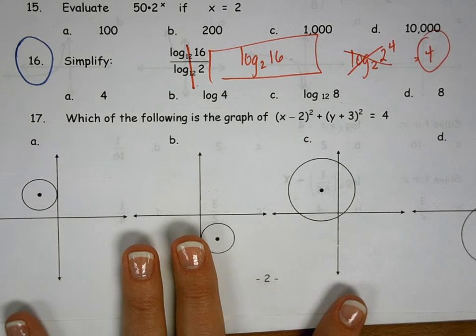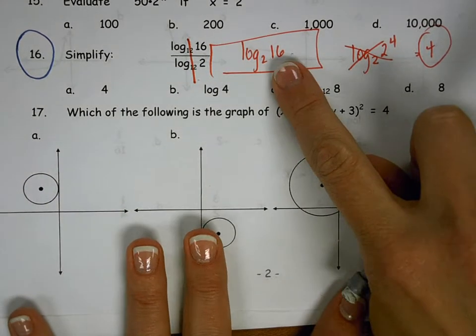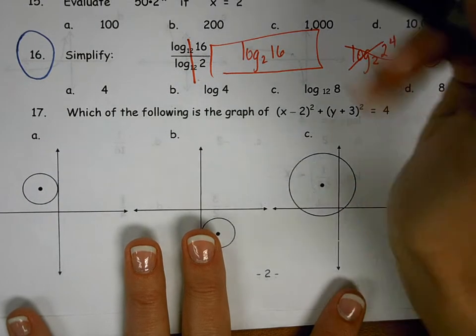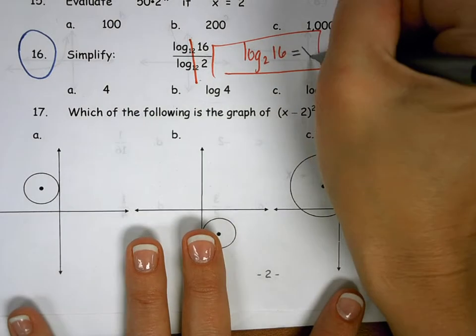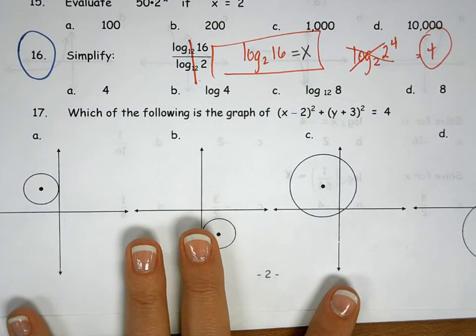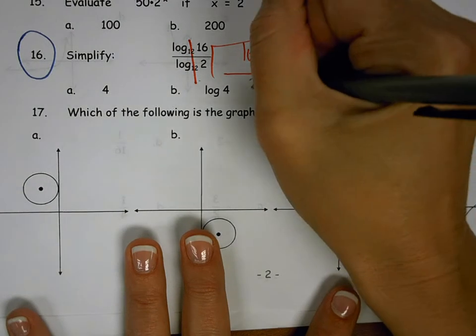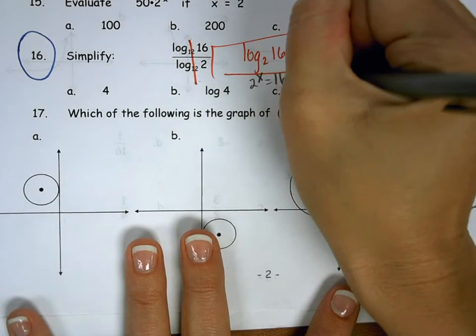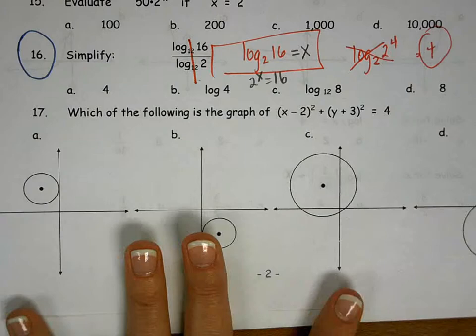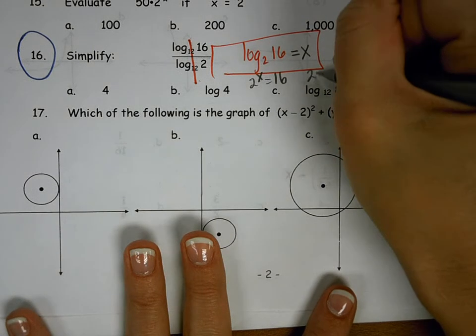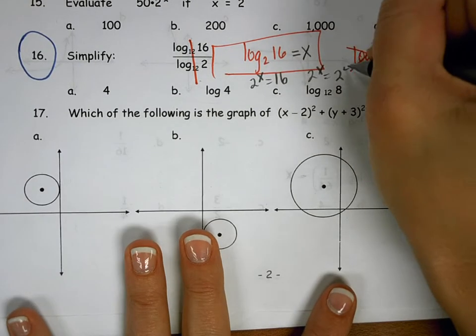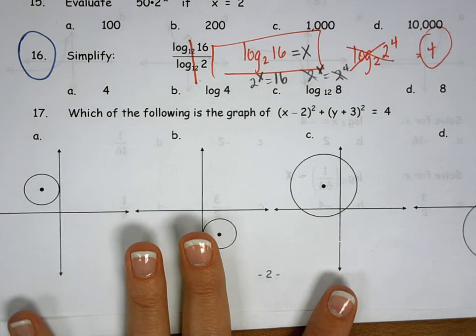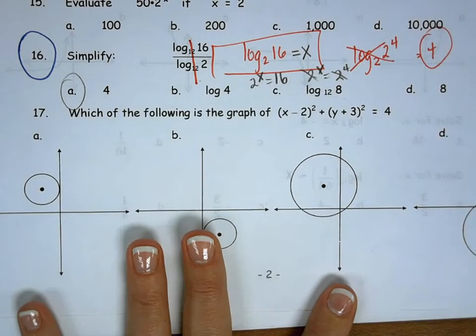No. So then you're like, okay, let's see if I can simplify it further. You can write 16 as 2 to the 4th, or like I said before, you can just write this equals x, and then change it to exponential form. So that would be 2 to the x power equals 16. And then 16 can be written as 2 to the 4th power, and you get x equals 4. So that's why A is actually the correct answer.